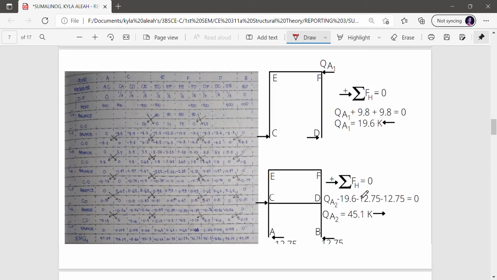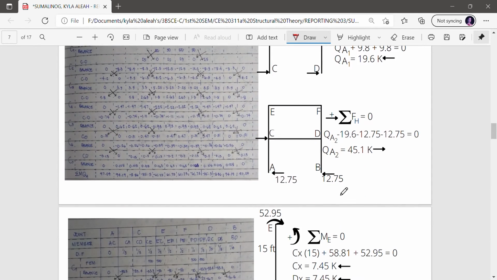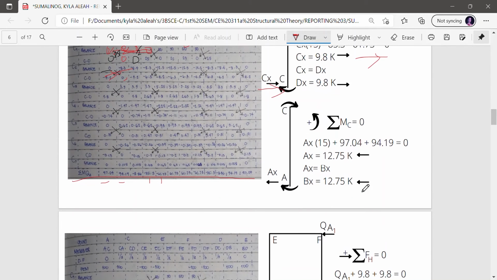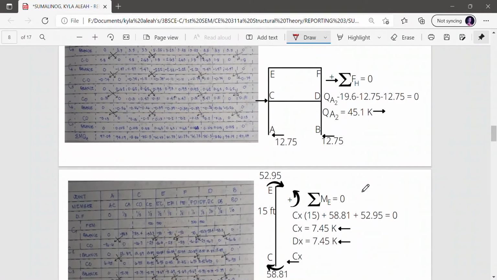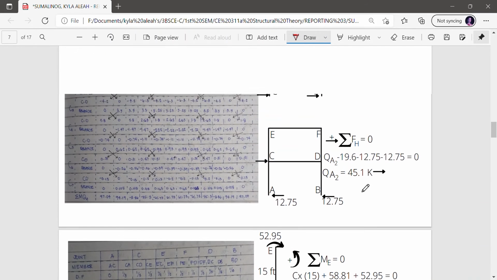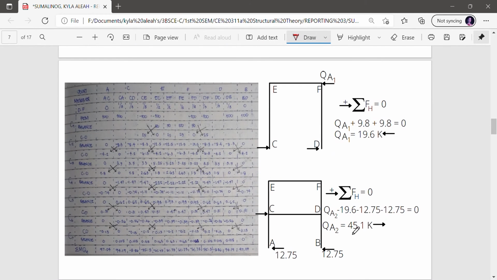For the horizontal forces on QA2, we are going to add up all the forces on horizontal. This is on the member AC, so that is QA2 minus 19.6 minus 12.75 minus 12.75 equals 0. So we will get the value of QA2, which is 45.1K.